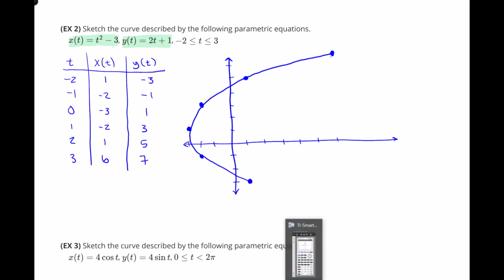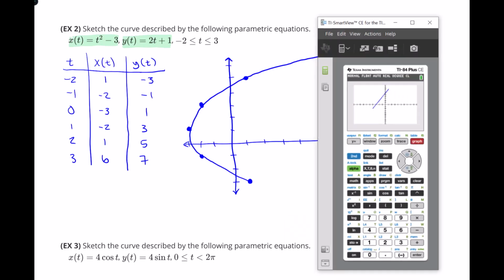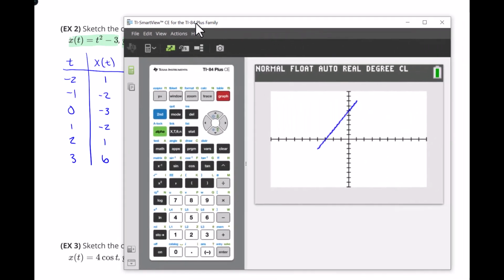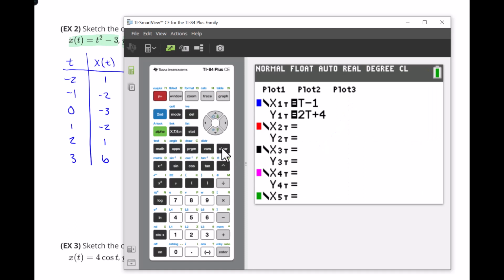Just to check it in the calculator, and as a reminder how this is done in the calculator, let's try that again. So if I go under y equals, clear out what I have so far for the x1 and y1, and put these functions in. So I had t squared minus 3, and 2t plus 1.